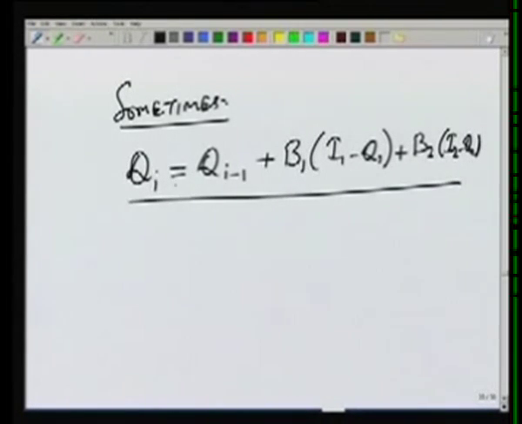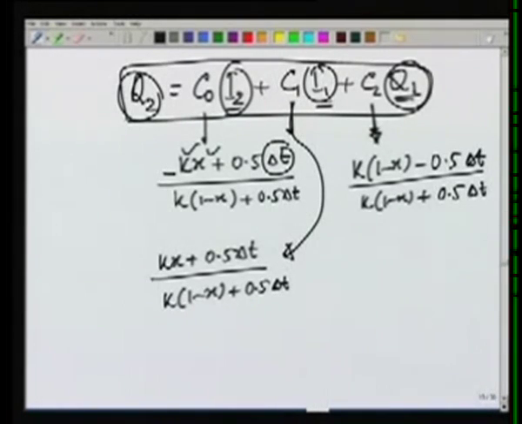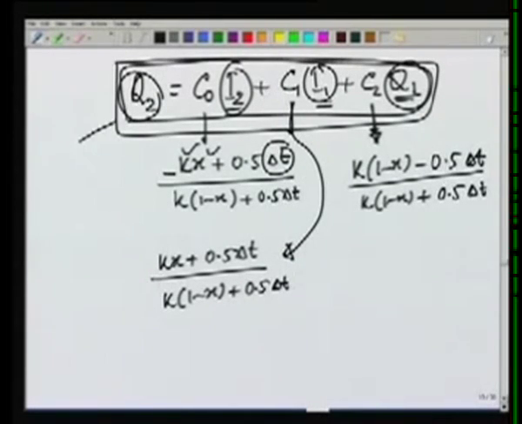So we can write an equation in this form also, but typically the Muskingum method using this form is preferred.